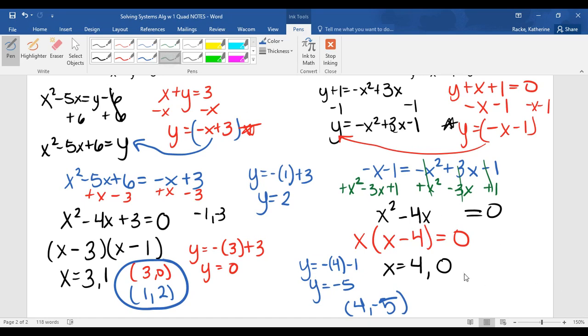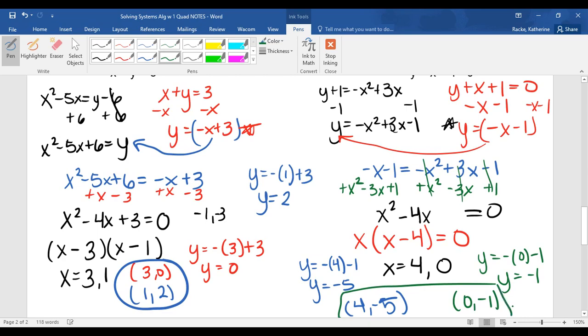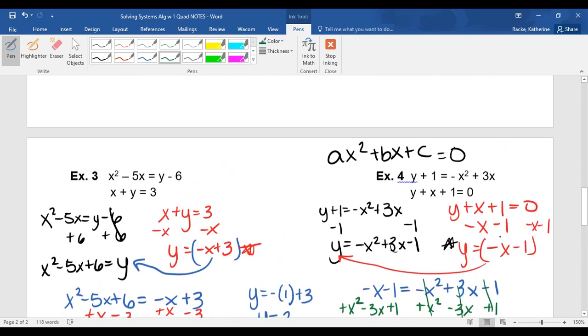My second point, I'm plugging in 0, so y equals -0 minus 1, so -0 is just 0 minus 1, y equals -1. So my second point is (0, -1). And those are your two points of intersection for example 4.